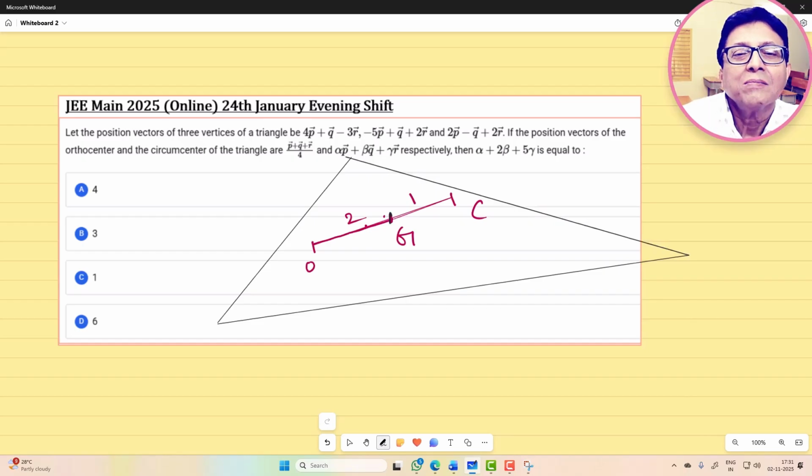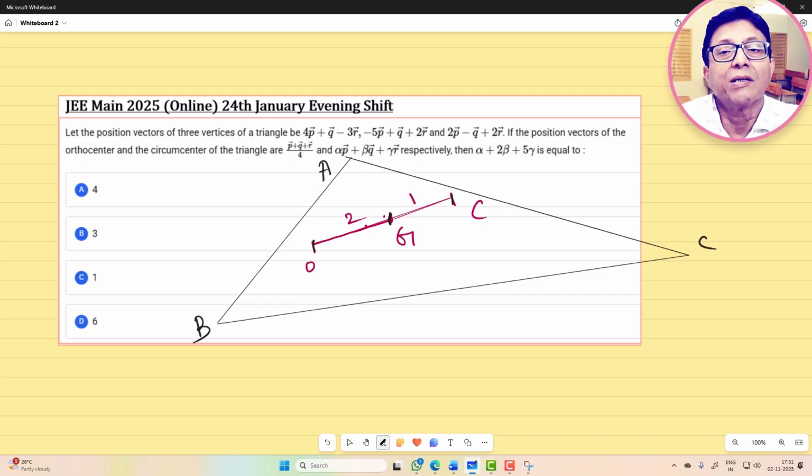Okay? This is the orthocenter, centroid, and the circumcenter. G divides OC in the ratio 2:1. 3 vertices A, B, C are given and a relation also given. What is that? The position vector of the orthocenter. No other relation, just position vector given.